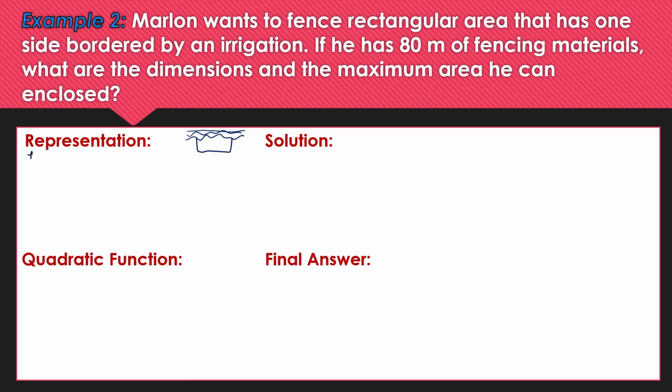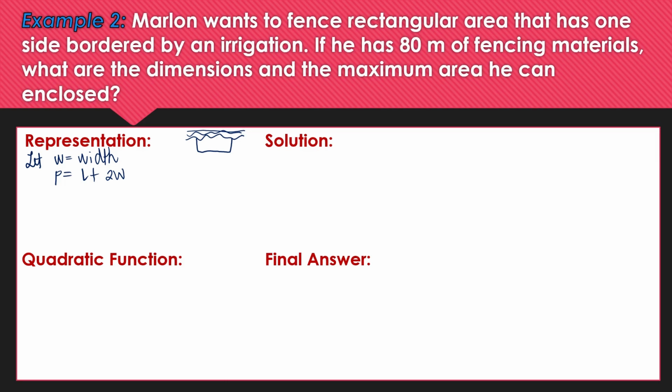For the representation, let W be the width of the rectangular field, and let us use the perimeter equal to L plus 2W. Why only L, not 2L? Because one length is bordered by an irrigation, so only one length will have fencing, plus the two widths at the sides.